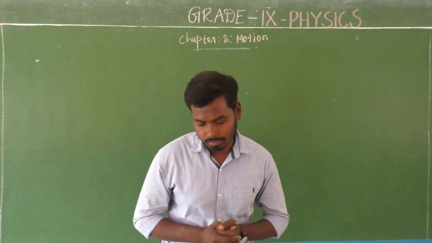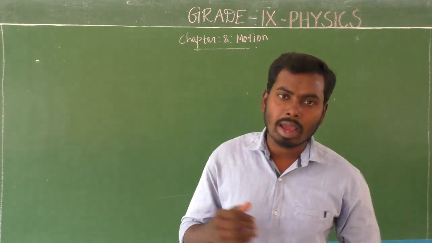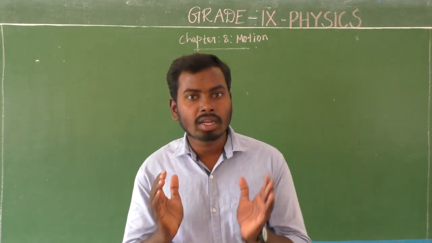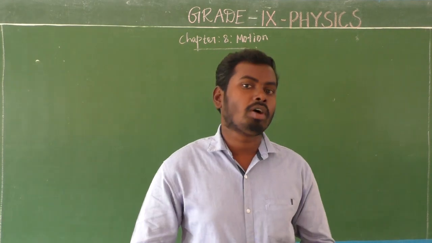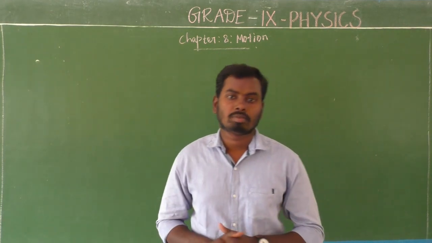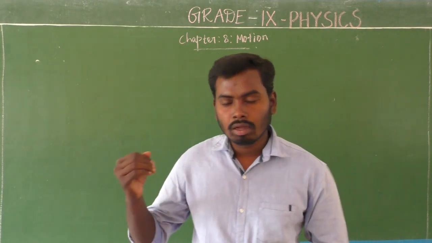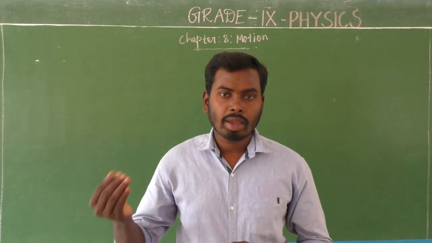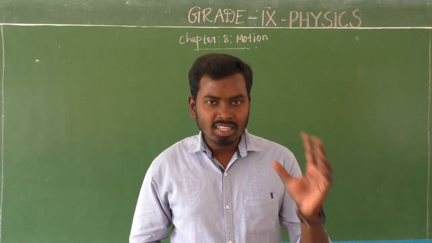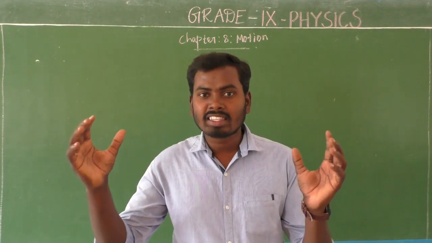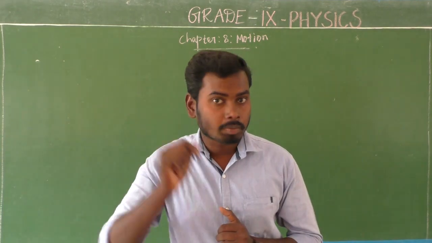Is it clear? Yes. So before starting the velocity time graph, I'll give some important information. What is that information, sir, you ask me? Most of the time, velocity and speed are considered the same thing. Note this point.